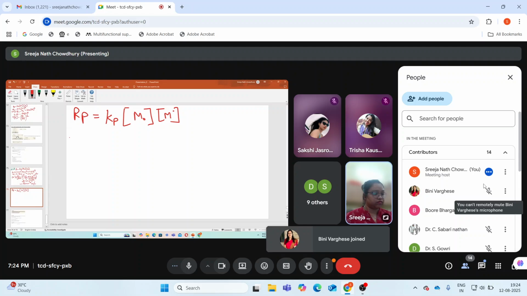Now the formula for a closed system, the extent of reaction P, the maximum extent of reaction that is in equilibrium, is shown by this formula. So we are just putting the value of K, and we will get the extent of reaction.